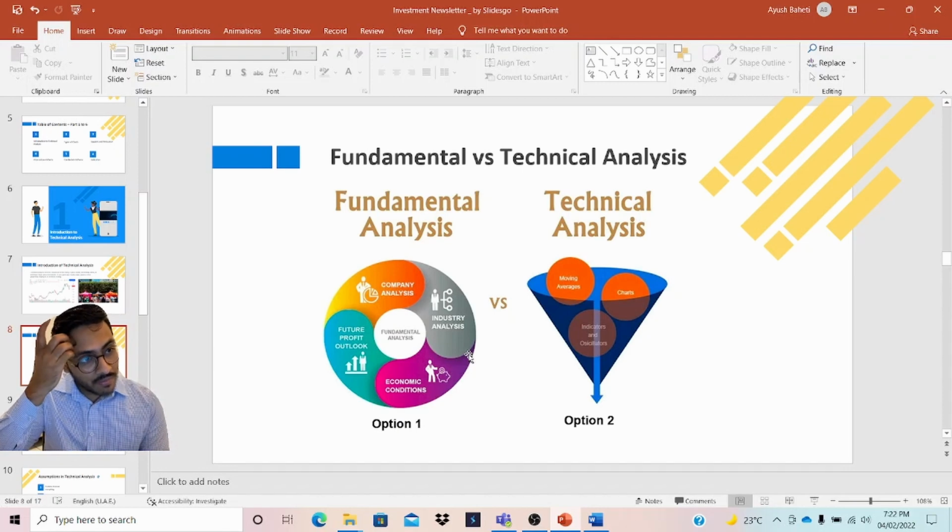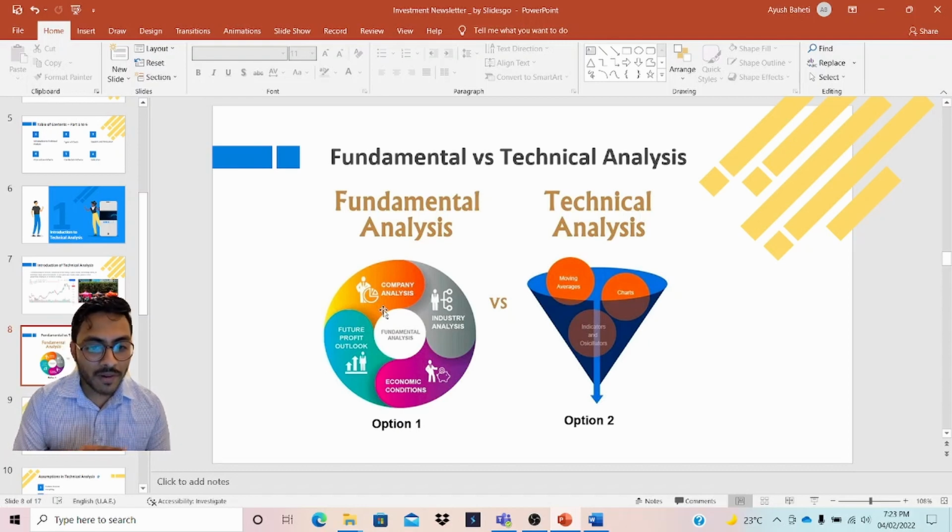For example, if your company is in the IT industry, how the IT industry is performing. You also check on economic condition. For example, if an IT company is based in India, or if an IT company is based in US, what is the overall outlook for US, overall outlook for India. So when you do all your analysis and then you decide whether to pick that stock for buy, or if you already have that stock and make a decision to sell, this is called fundamental analysis.